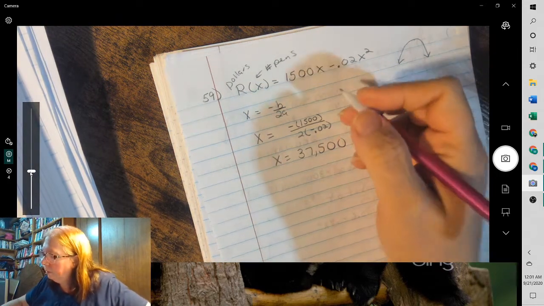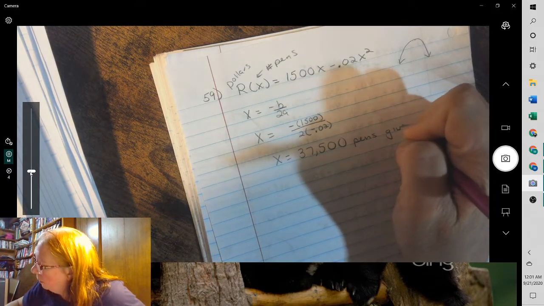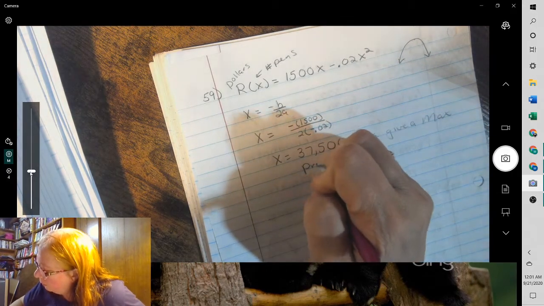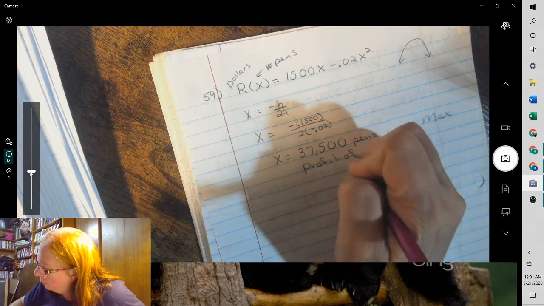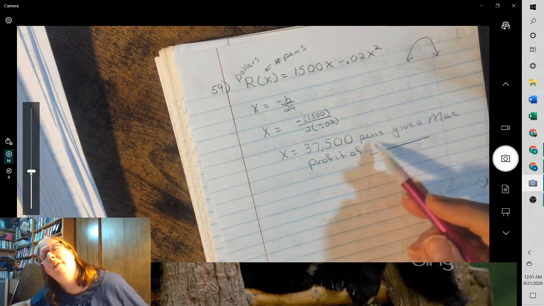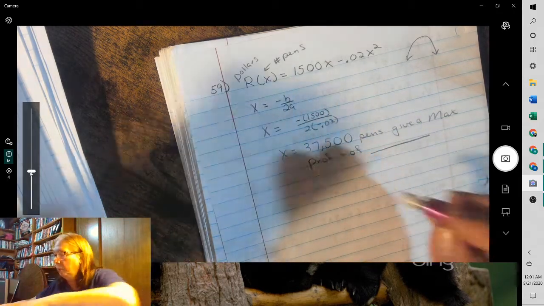And that was pens. So 37,500 pens give a maximum profit of, oh no, this one wasn't profit, this was revenue.